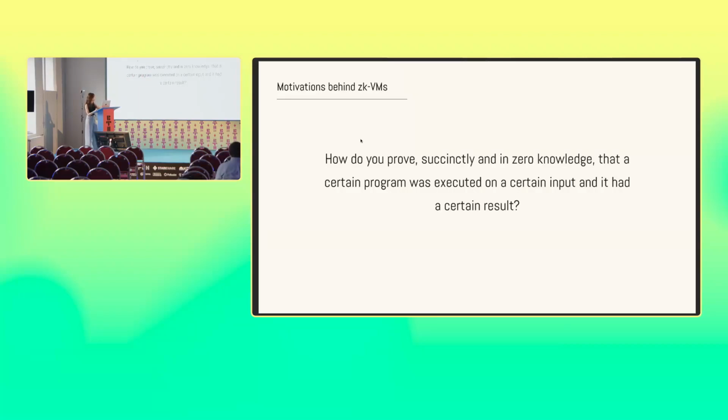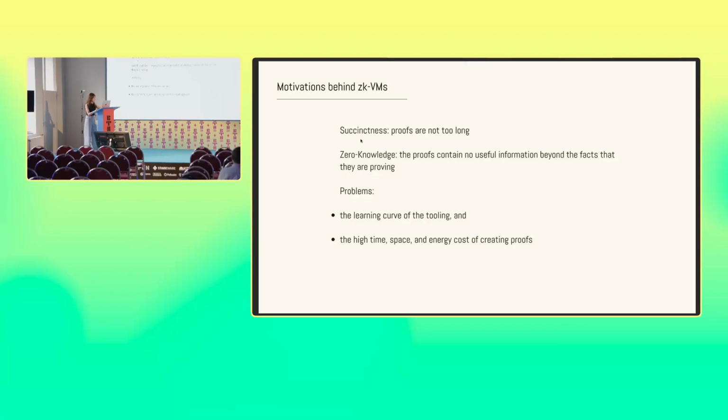The first question, I'm just going to skip really quickly because I have a lot of slides. What's the motivation behind ZKVMs? How do you prove succinctly in zero knowledge that a certain program was executed on a certain input and it had a certain output? This is the motivation behind building ZK in general. The problem is that the learning curve and the tooling are really steep.